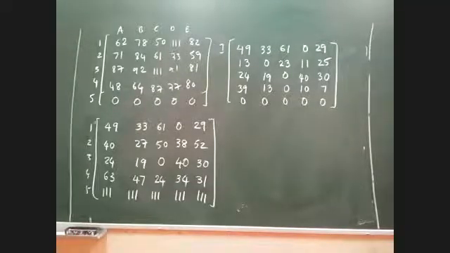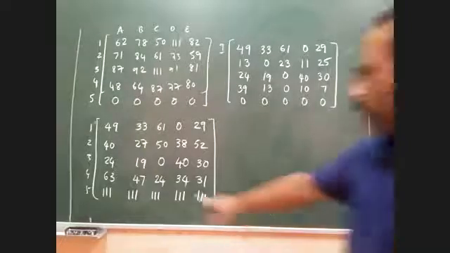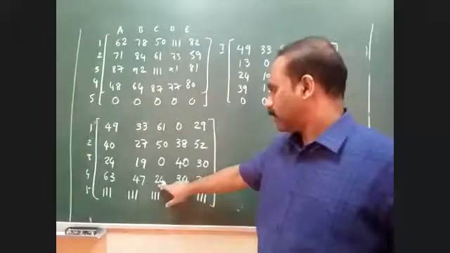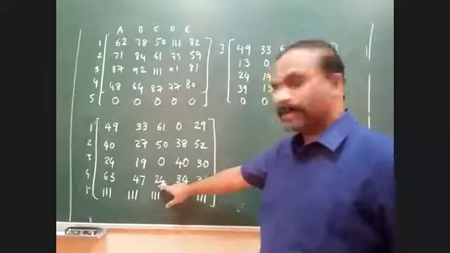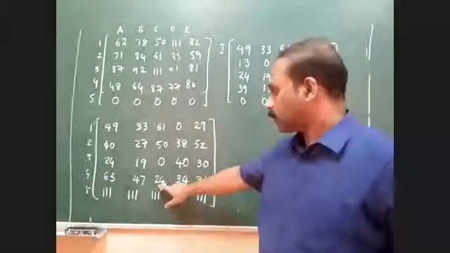Now can you please tell me? Madam, B column, fourth row. The 23. Which is in B column, there is 13. Sir, this value you are talking about, 47, sir. Sorry.